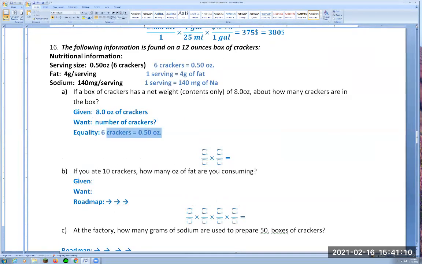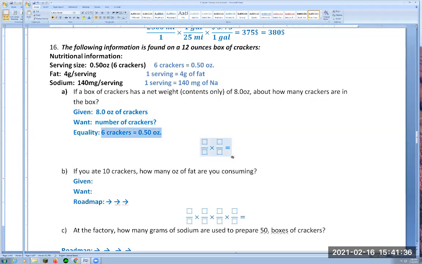That will allow us to change mass of crackers in ounces into number of crackers. So we are ready to do the calculation already, because here there is only one conversion necessary, since we can already relate the ounces of crackers to number of crackers using this equality.